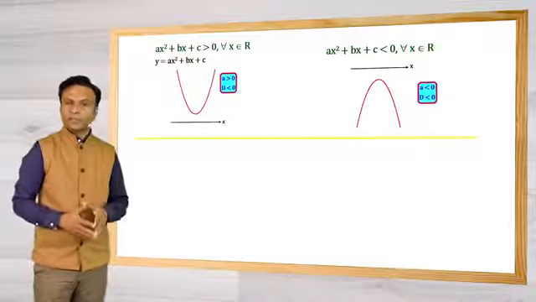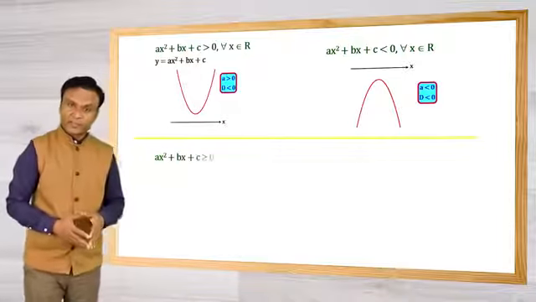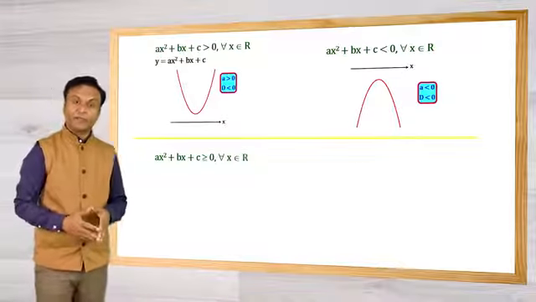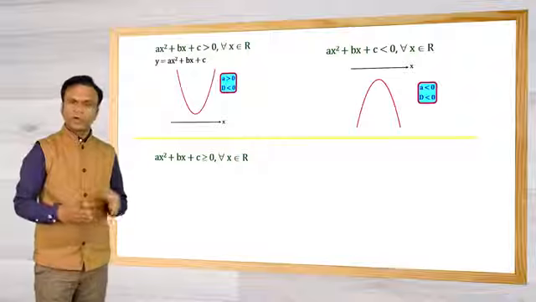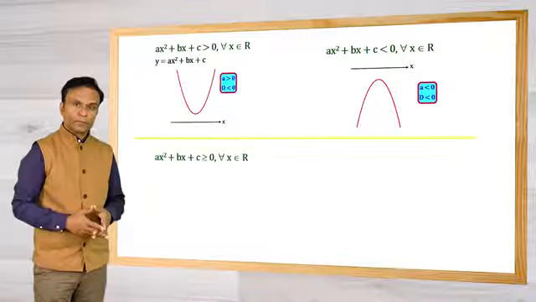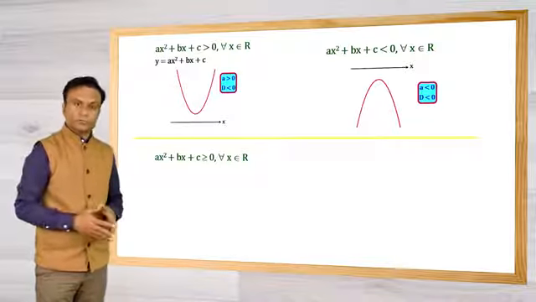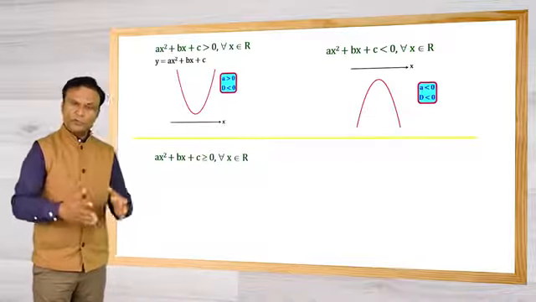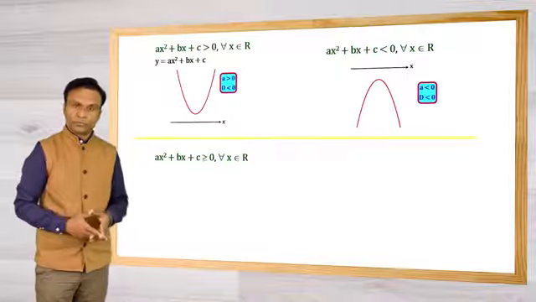Now consider ax square plus bx plus c greater than or equal to 0 for all x belongs to R. You draw the possible graph for this situation.